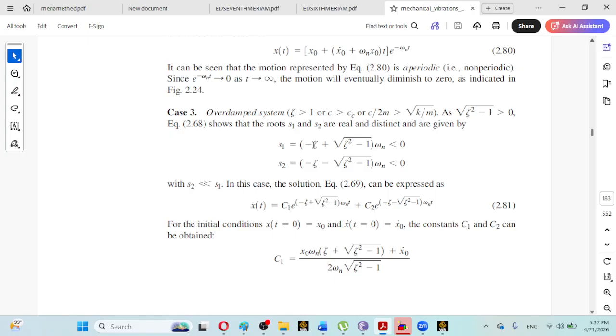For example, if the damping factor is greater than 1, I can assume it to be 1.3. Here minus 1.3 plus the square root of 1.3 squared minus 1. When you take the square root, you can calculate it yourself.